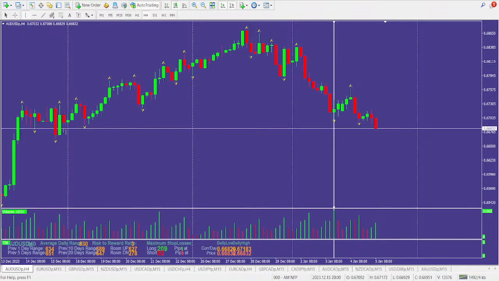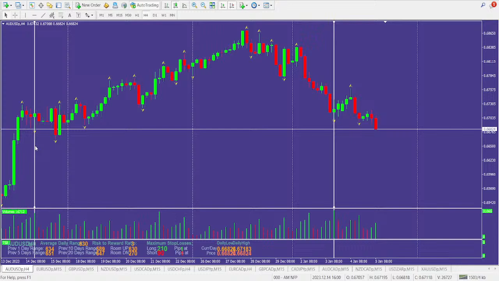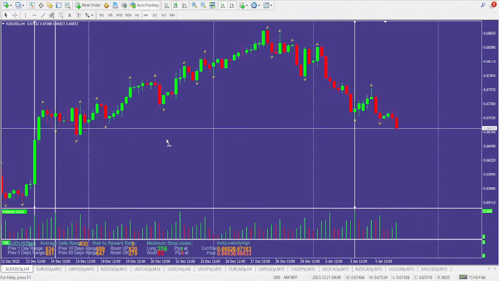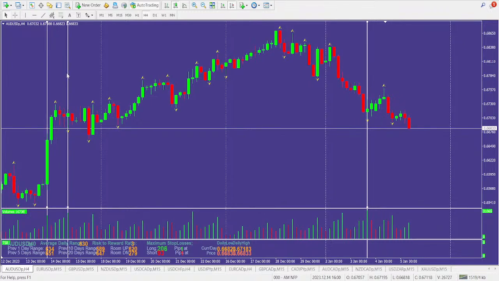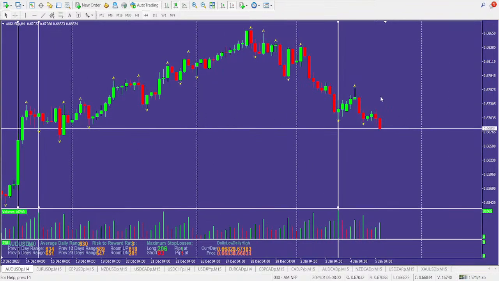But then our potential demand level, we do have something happening here on 14th of December, and then another potential level here on December 13. So these are potential demand levels and then potential level of supply over here and potentially something over here.